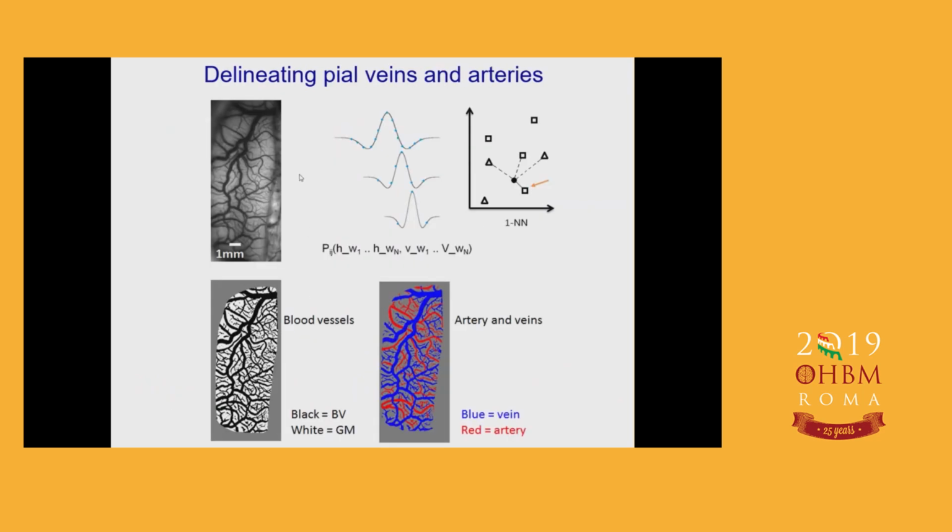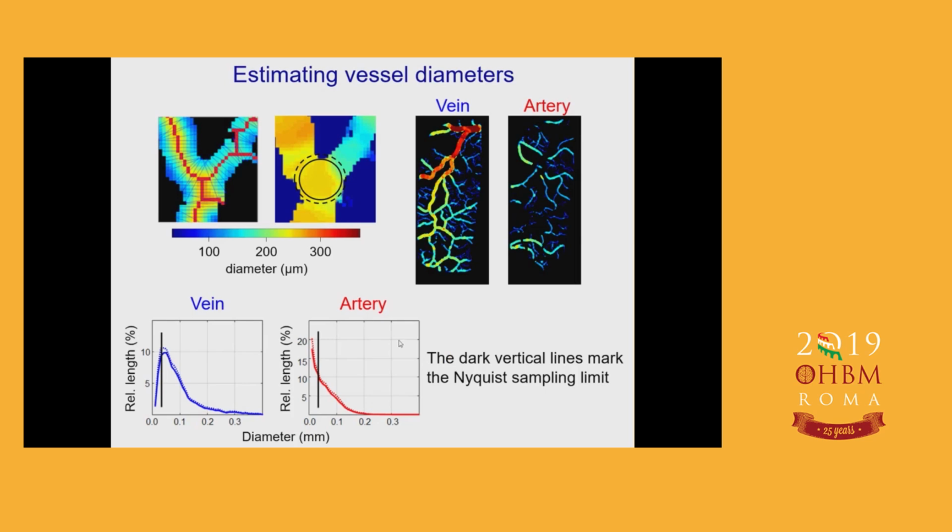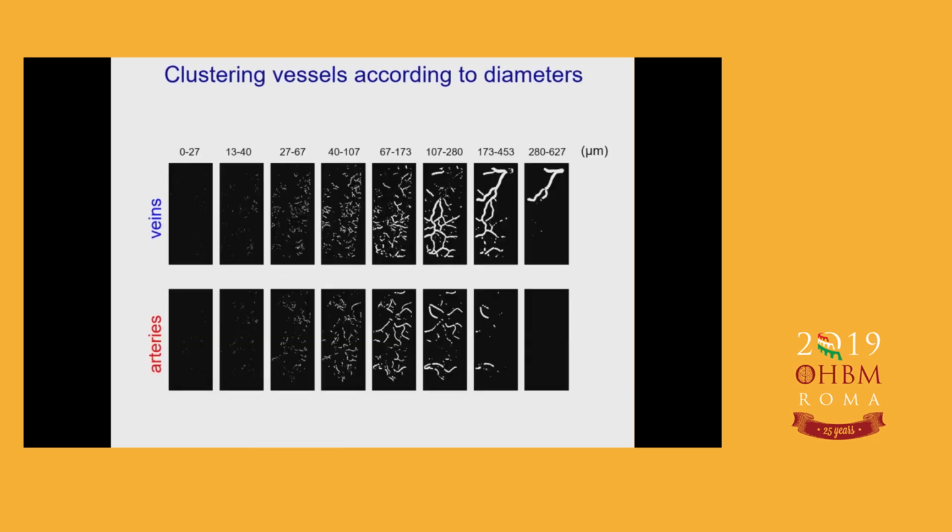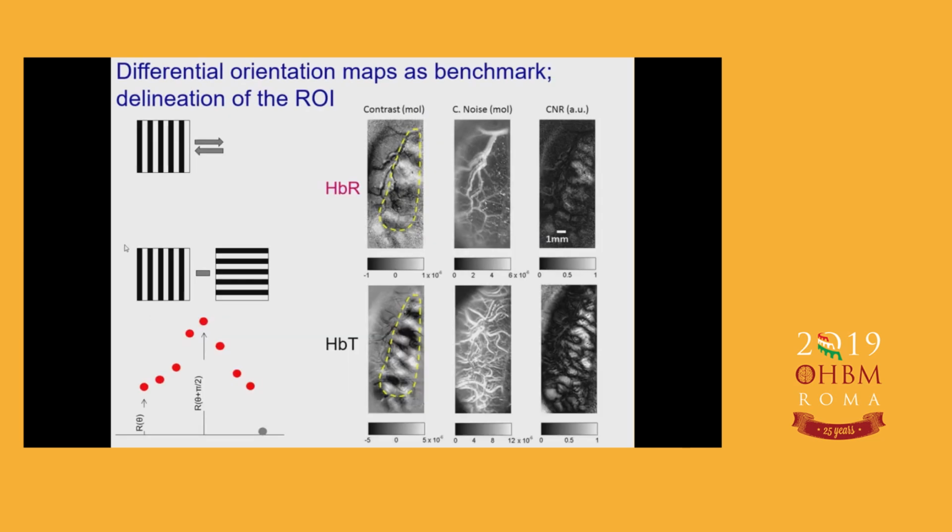We can obtain a mask of the blood vessels, in this case by a nearest neighbor learning algorithm, and split them into arteries and veins. We can also estimate the width, the diameter, of each of the vessels in order to learn how the spatial specificity refers to the diameter of the veins and arteries.